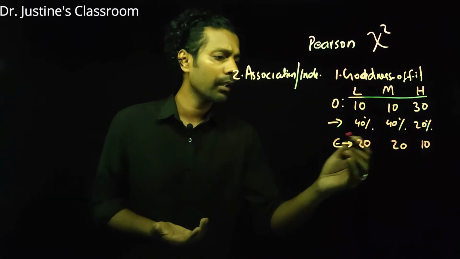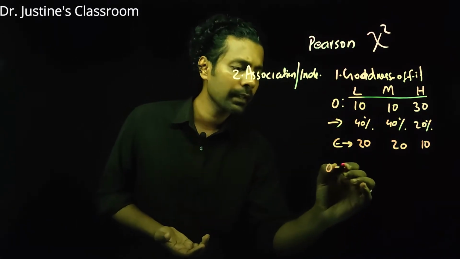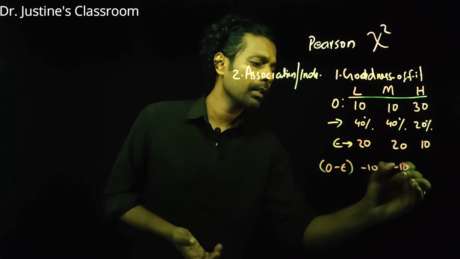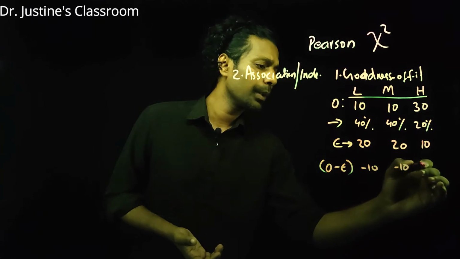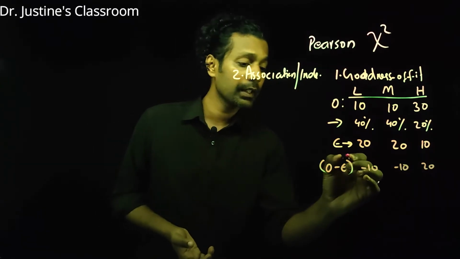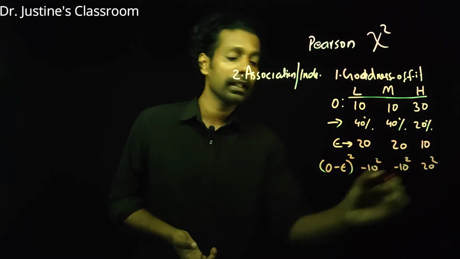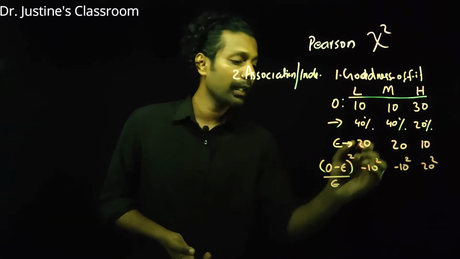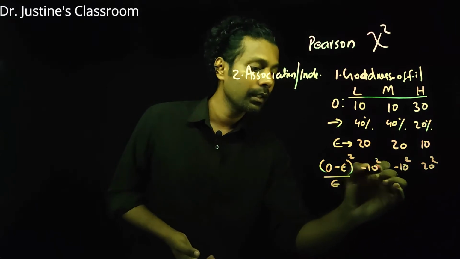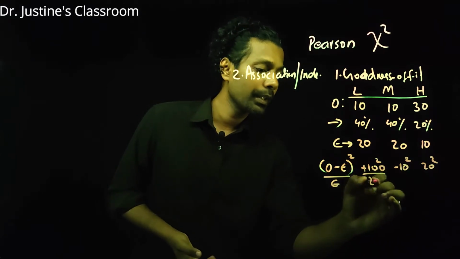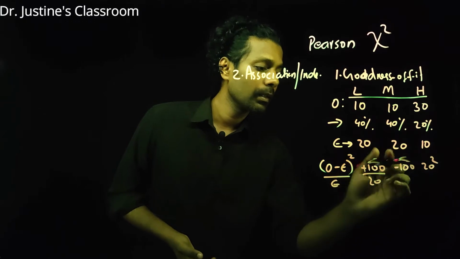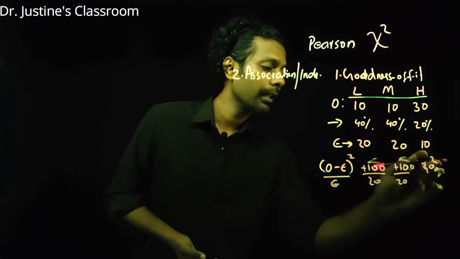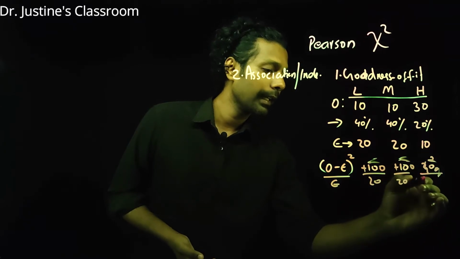So what I do is subtract expectation from observation. The scores will be minus 10, minus 10 and 20 like this, and I'll find the square of this data, and divide by E again. So I have scores like 100 divided by 20, 100 divided by 20, 400 divided by 10.